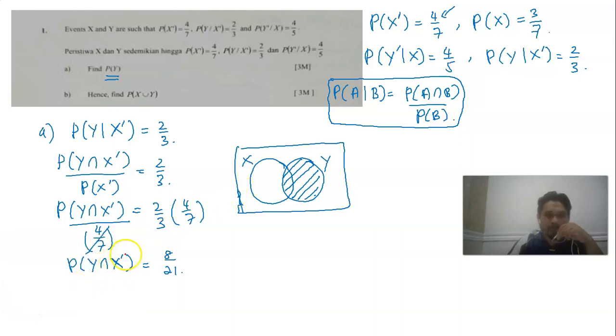X complement means all the elements outside of X, which are not X. So where do they intersect each other? Not here, not here, but all here.